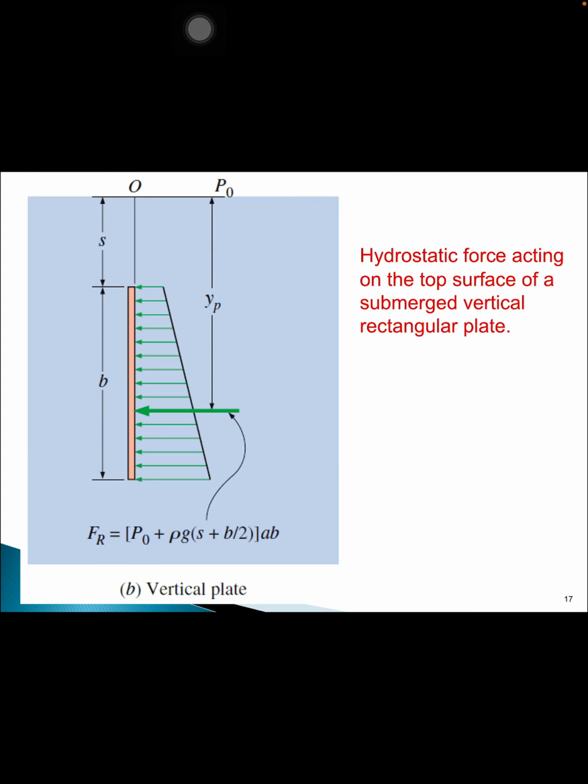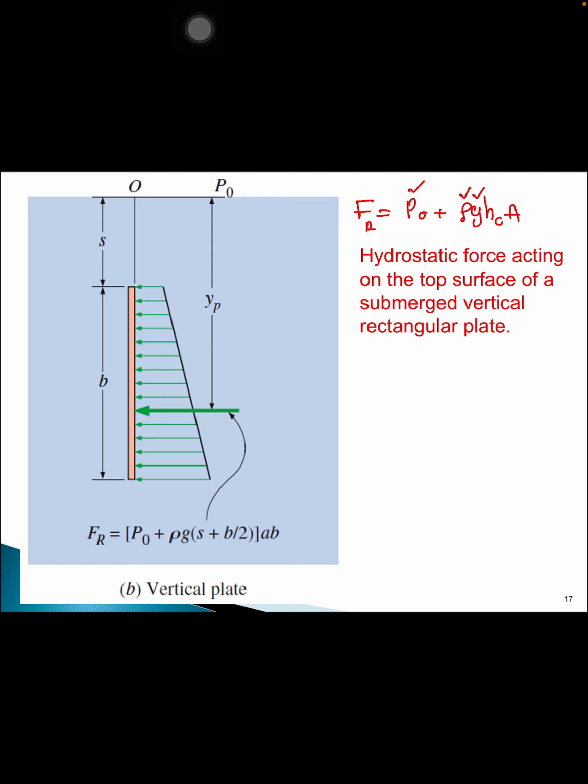The second case is the simple one, if your plane is vertical and submerged. This is your plane. We use the same equation, F equals P naught plus rho g h centroid times area. Now we have to obtain the H centroid, because we know the value for P naught, and rho g you have the value.